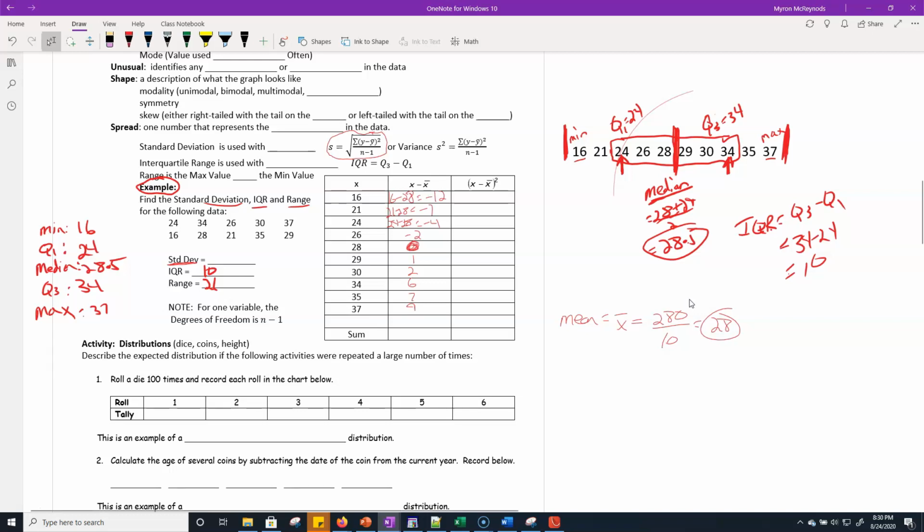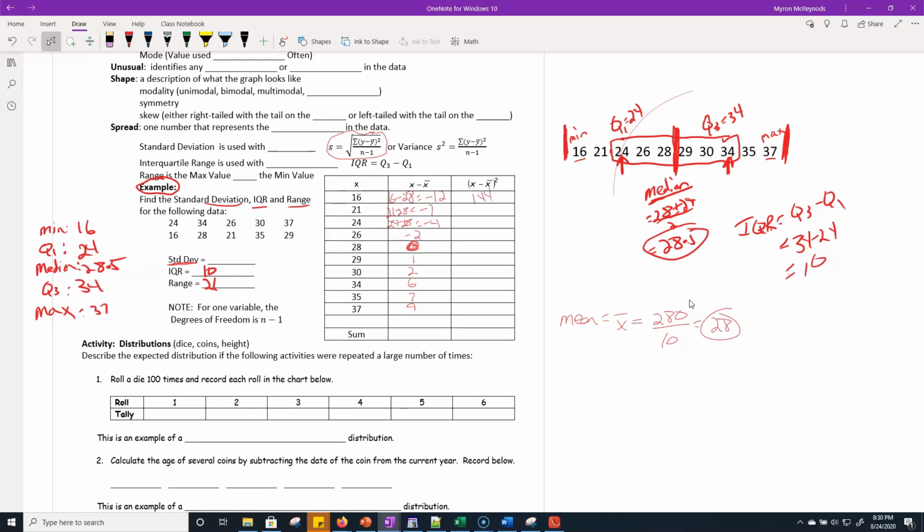And then it wants you to square them, because look at the equation, you square them. And the reason they do that is because we don't care what direction they are away from 28. If they're bigger or smaller, all we care about is how spread out they are, how far away they are from 28. So we want to square them to make them positive. What is negative 12 squared? 144.